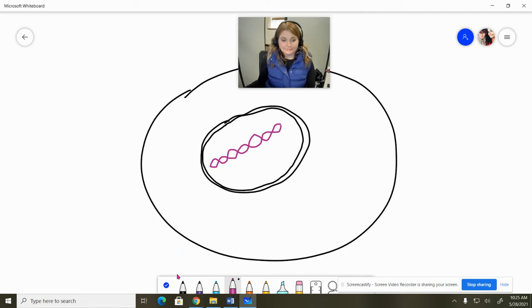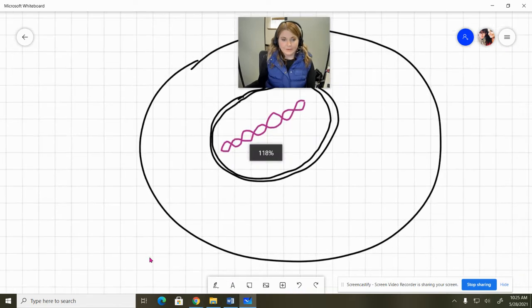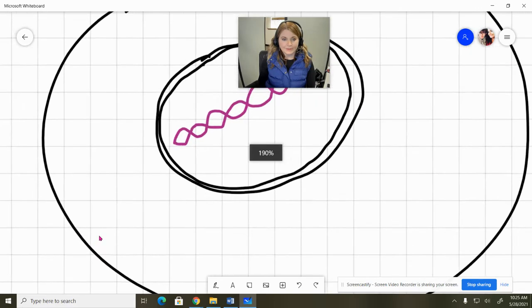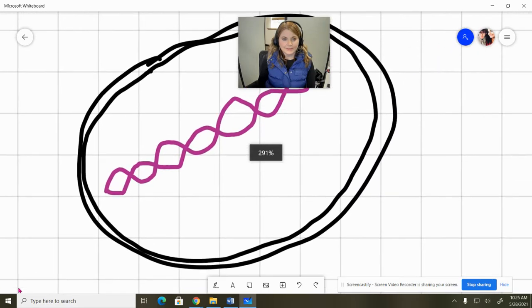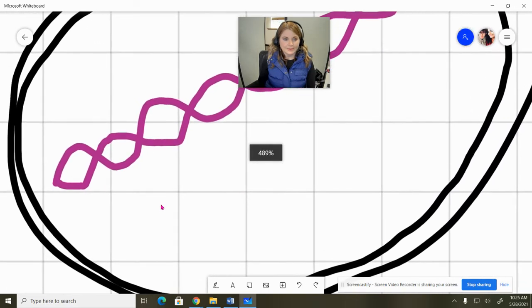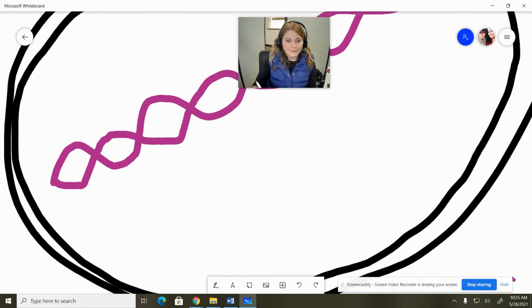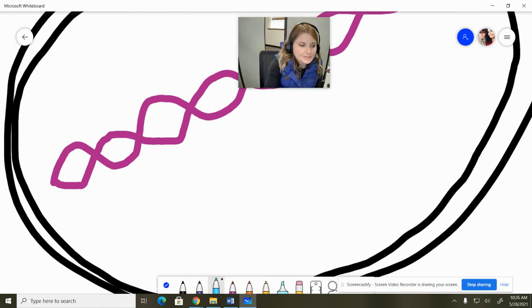Within each strand of DNA, if we zoom in a little bit, pretend like we're getting in there real tight, like in a microscope. Then you've got these little segments that each code for a specific thing. Those little segments found in the DNA are called genes.